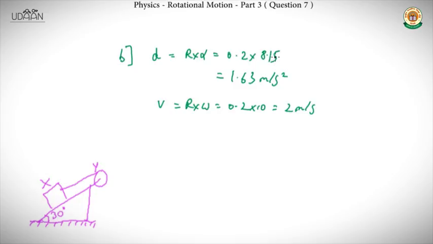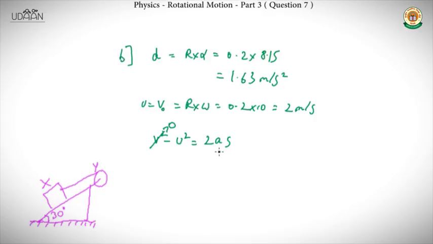Now we know the initial velocity, we know the deceleration. The formula for linear motion says v square minus u square equal to 2as. Here the final velocity v is 0 since the body is coming to rest. u will be equal to the velocity which we found right now. Let's take this as v naught to avoid confusion.